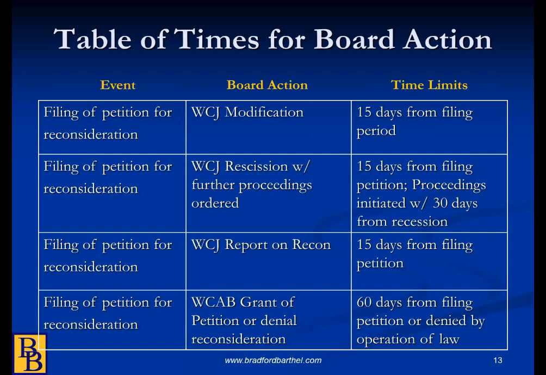And then at that point, they have no time constraints to issue a decision. I've had a case sit up at the Recon unit for over a year before the WCAB got around to issuing a decision on the merits of the appeal. And thankfully, that is rare.